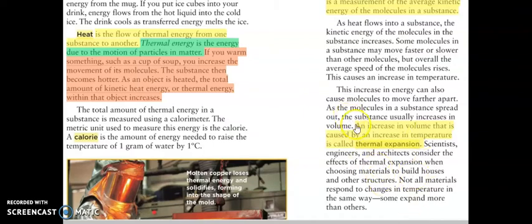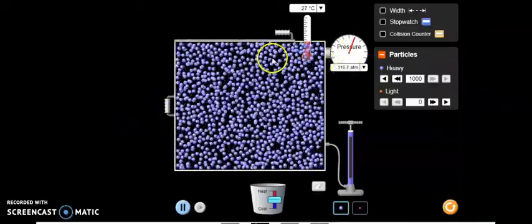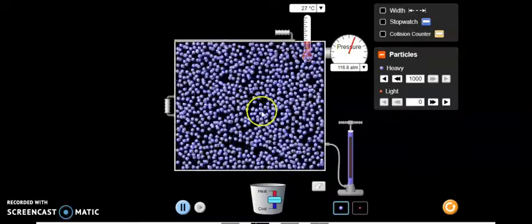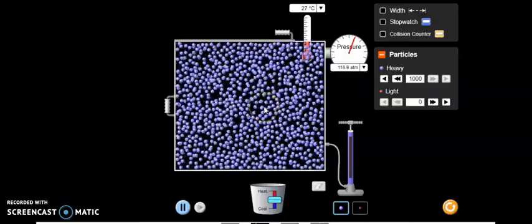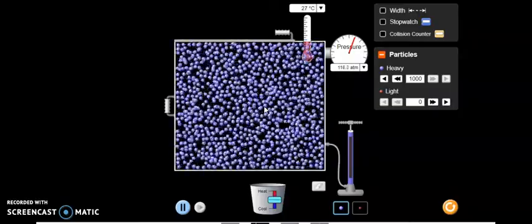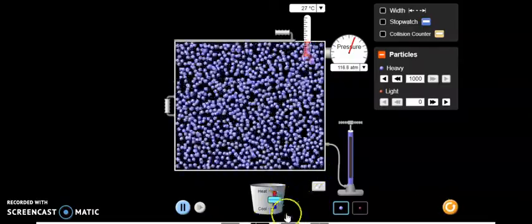Let's do another experiment about thermal expansion, but right now we want to see how the particles of matter change. Okay, guys, you can see in this diagram the particles of air, how they are moving. They move faster than in a solid or liquid. In this experiment we also need a heater.